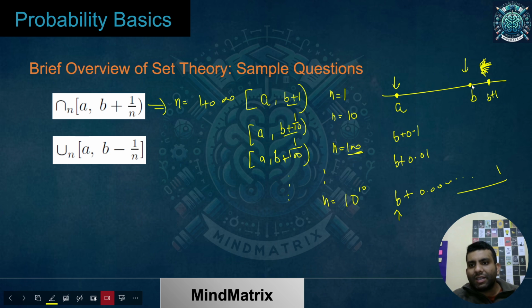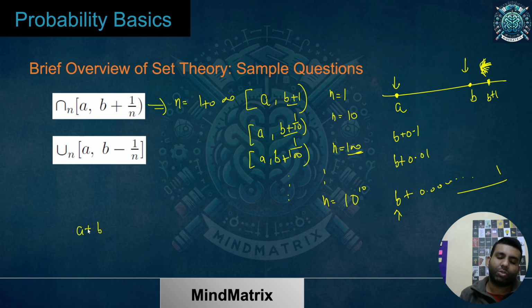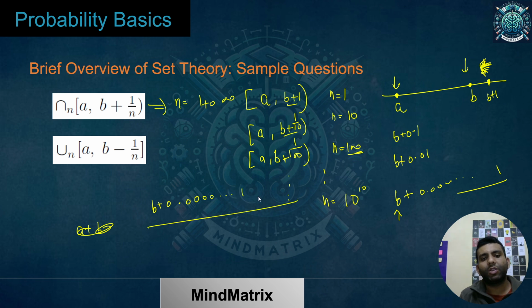But can some number greater than b be there? No, that won't happen if I take the intersection. Suppose you say b plus 0.000 with 100 zeros and then a 1 will be included. But it is not the case, because there is another interval which considers a number less than this.